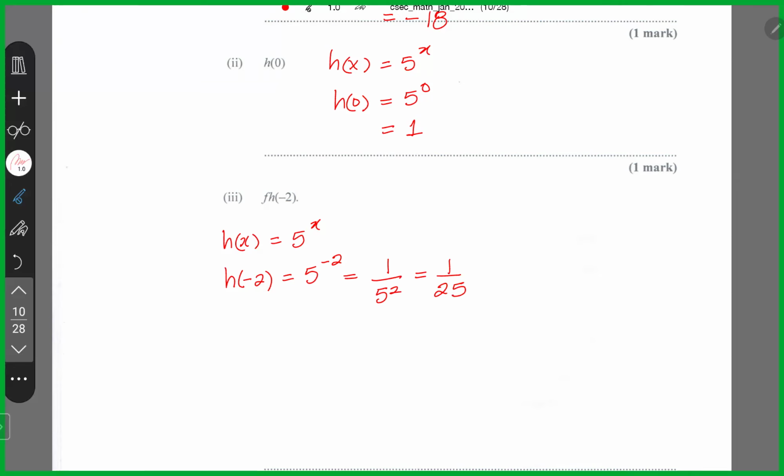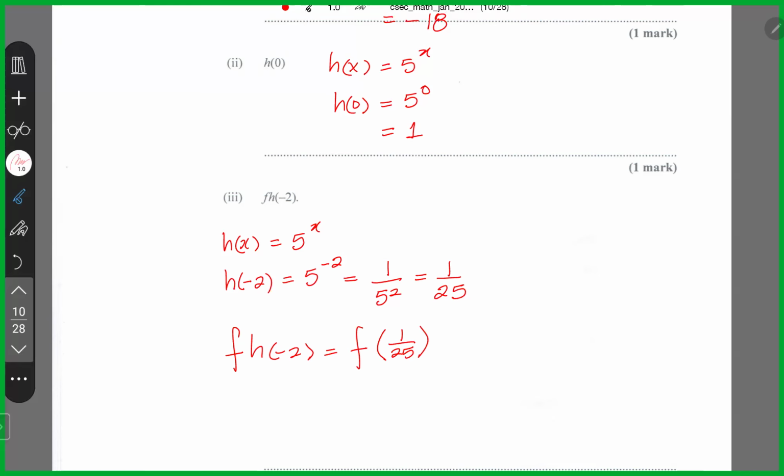So if someone asks me to find f of h of minus 2, the first thing I would find is h of minus 2. Then I would say f of h of minus 2 is the same as saying f of 1 over 25, because h of minus 2 is 1 over 25.